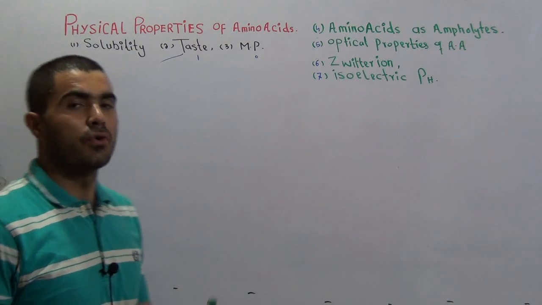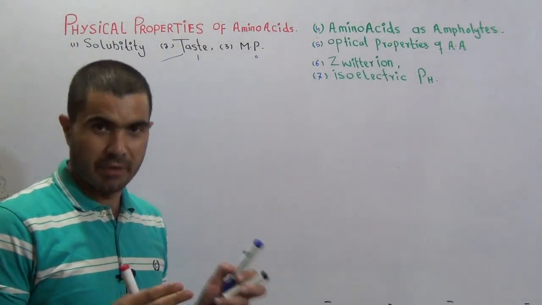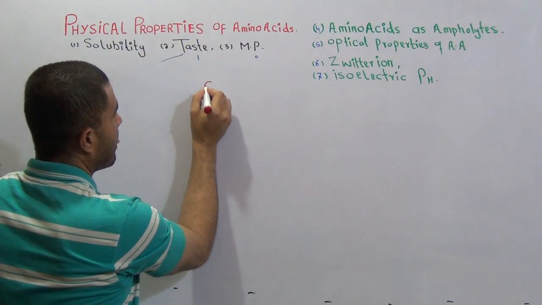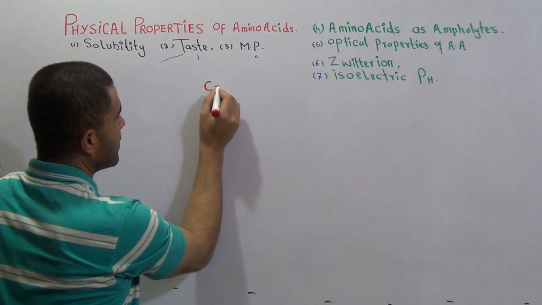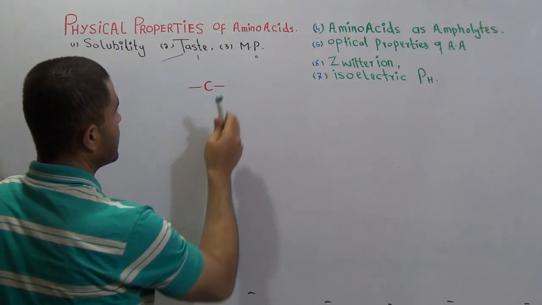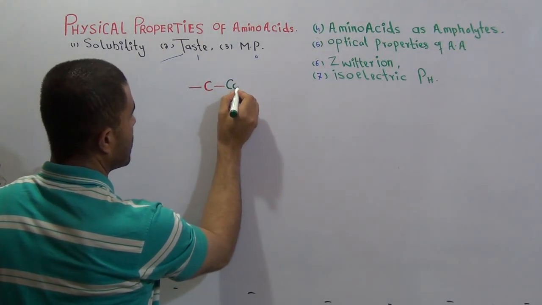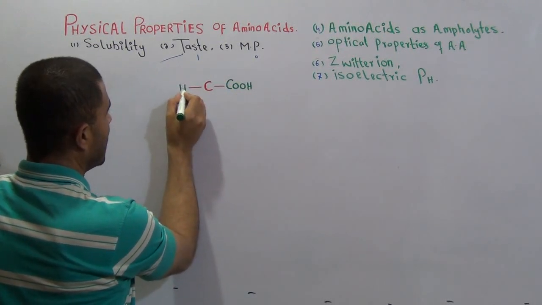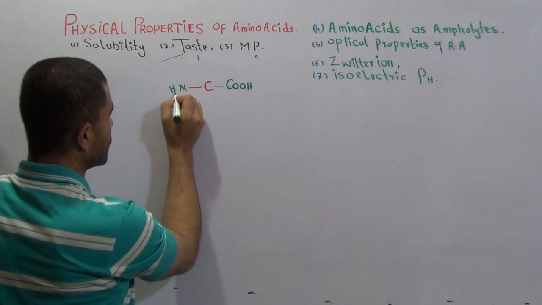As you know the structure of an amino acid very well, it has an alpha carbon, a central carbon. To its right and left there are 2 functional groups. One is COOH, the carboxylic group, and the other is the amino group NH2.